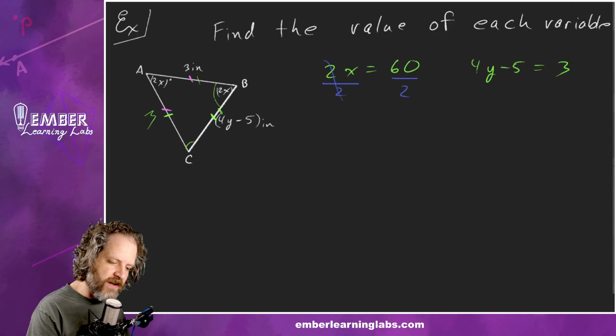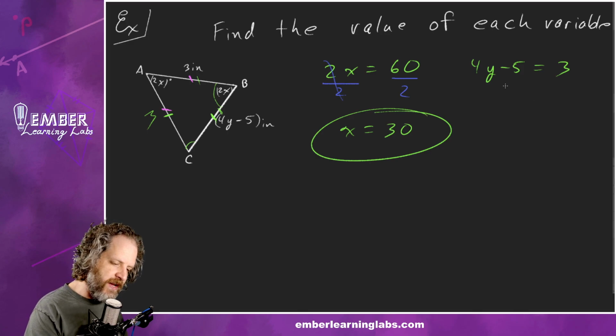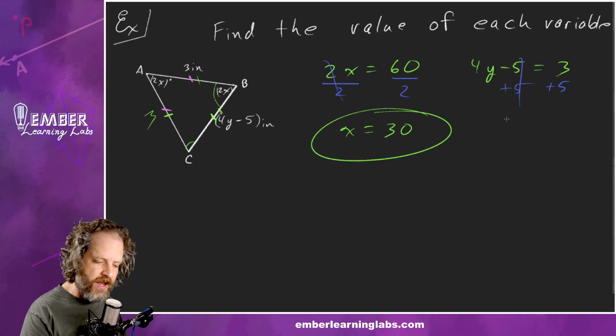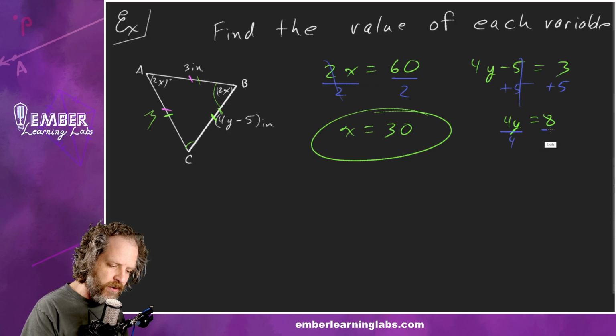And we're going to discover that x, in fact, equals 30. Bam. Then this one's also easy peasy. We'll add 5 to both sides. That's gone away. And then we've got 4y equals 8. And then we can divide by 4. That's gone away. So y equals 2.